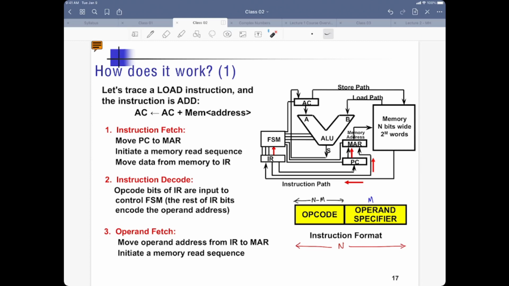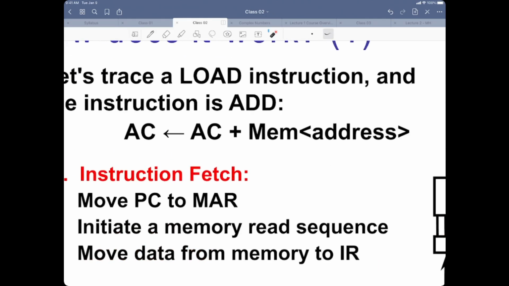All right, so what we are going to trace is this particular instruction. The current contents of the accumulator need to get added to some contents of the memory given an address. I'm going to tell you the address of a particular number, bring that number into my ALU B side. The A side is always going to have the accumulator.